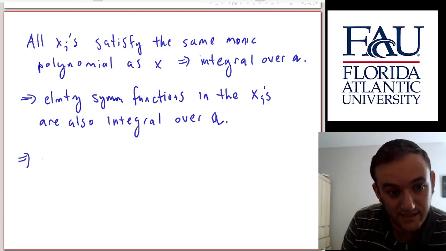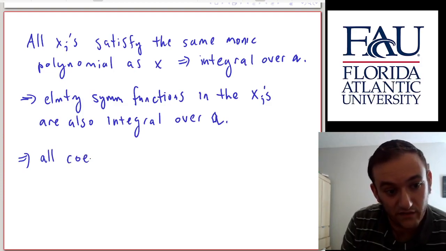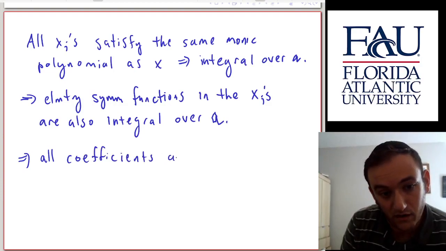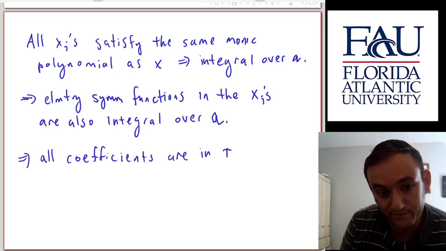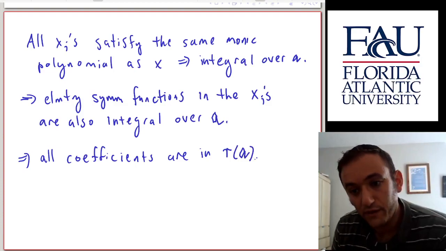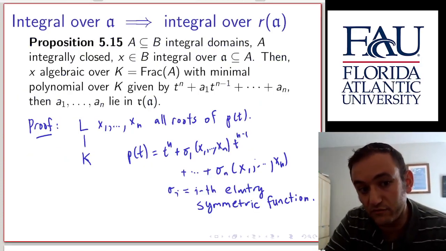So that implies that all of the coefficients of this polynomial are integral over A, which means that they're in the radical of A. Okay. And that proves the result. That's what we were looking for.